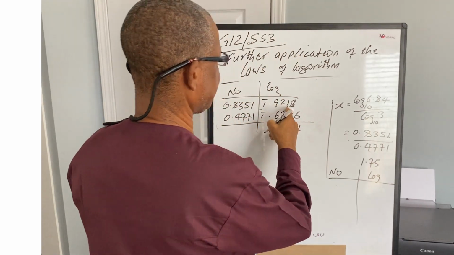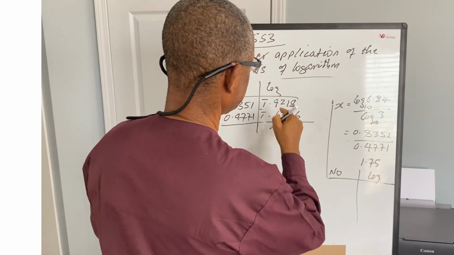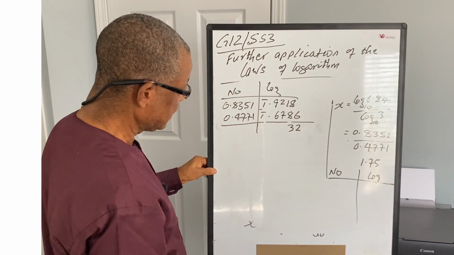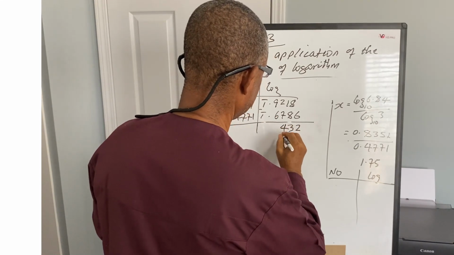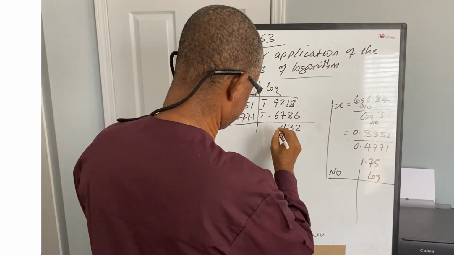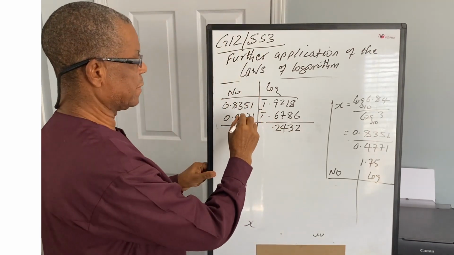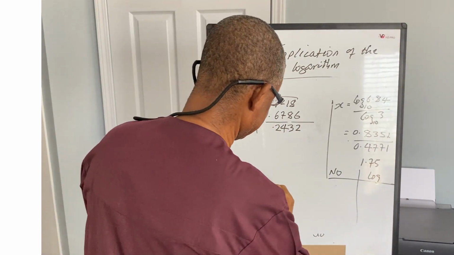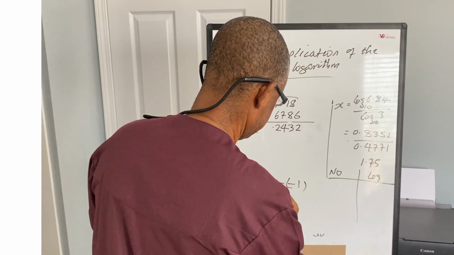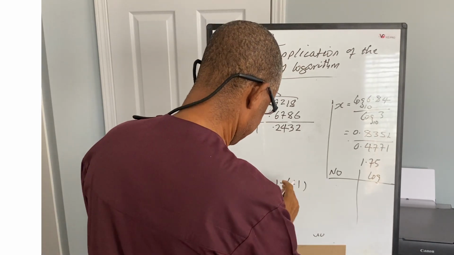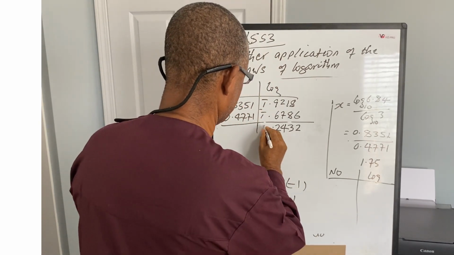You carry one from here, 11 minus 8 will give you 3. This remains 1. 11 minus 7 will give you 4. And 8 minus 6 will give you 2. Bar 1 minus bar 1 is the same thing as minus 1 minus minus 1. This is minus 1. Negative and negative is positive. And 1 minus 1 is 0.